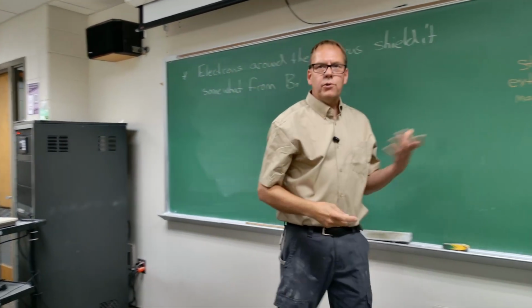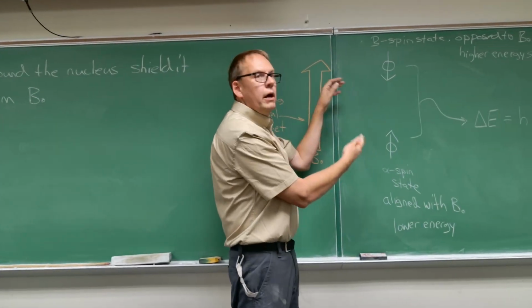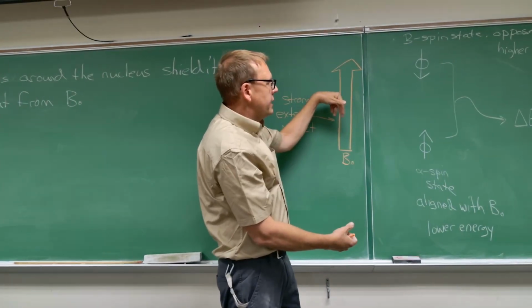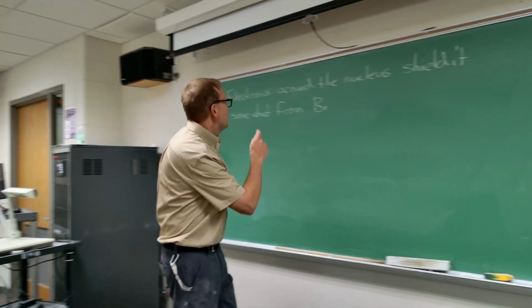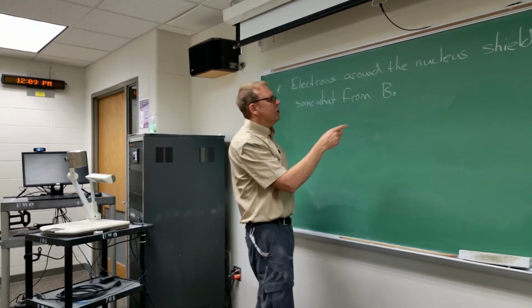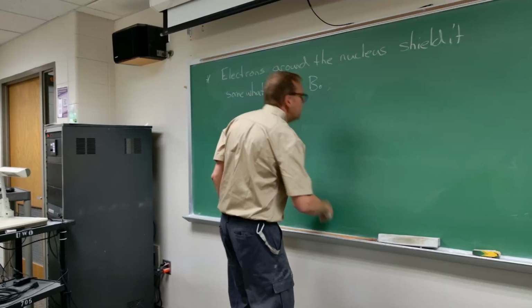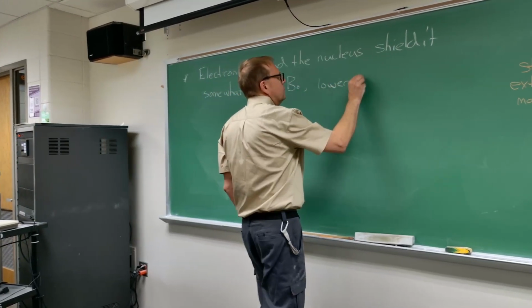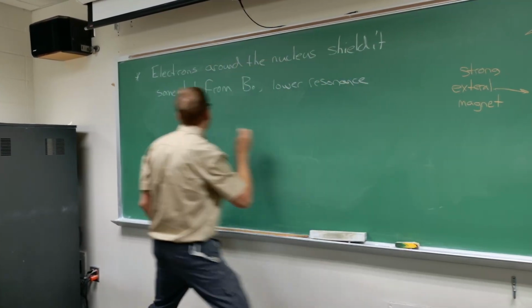So when you have a proton, if it didn't have any electrons, it has a particular energy gap. You put some electrons around it, and that tends to oppose the external magnetic field, makes the gap a little smaller. So electrons around the nucleus shield it somewhat from B0 and lower the resonance frequency.